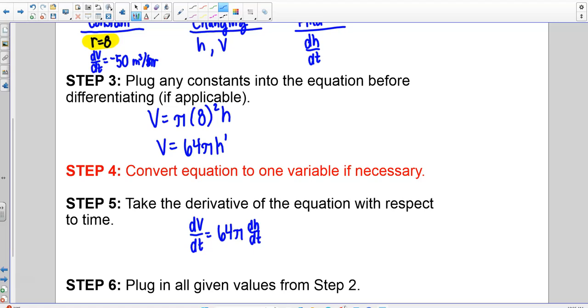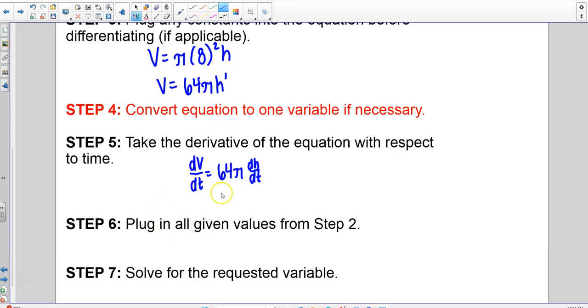Everything looks good. Also, notice what just happened. h is gone. They didn't give us a height to plug in, but do we need a height to plug in? We do not. So actually it doesn't really matter here whether our height is 7 or 10 or 2, right? So we're going to plug in all values from step 2.